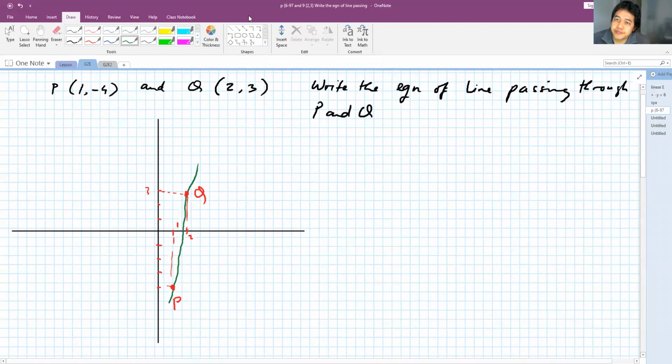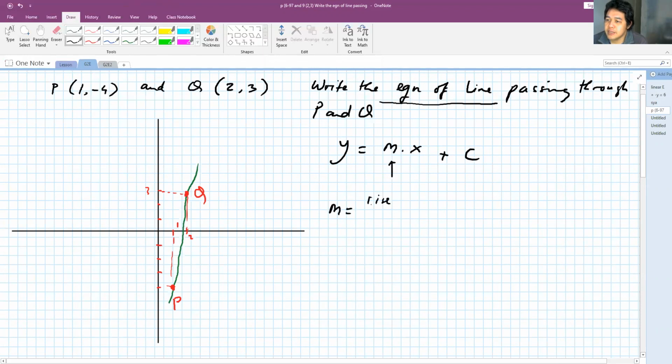So now when you want to get the equation of the line, actually from the previous example I gave you the general equation where y equals the slope times the x value plus c, right? And the way we do it is by first getting the value of the slope.